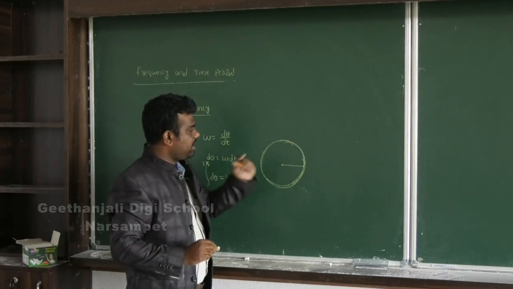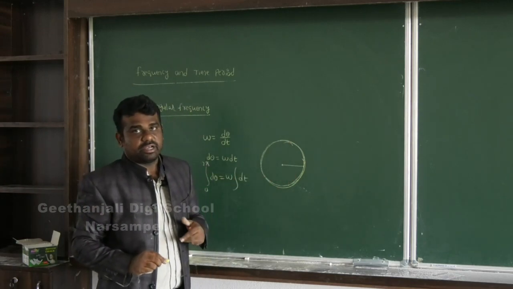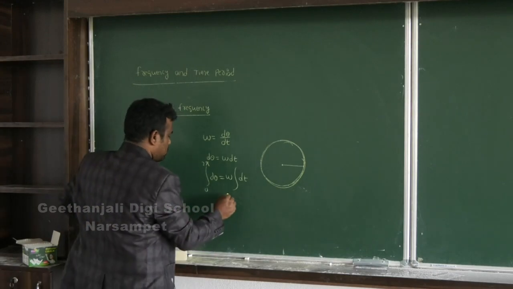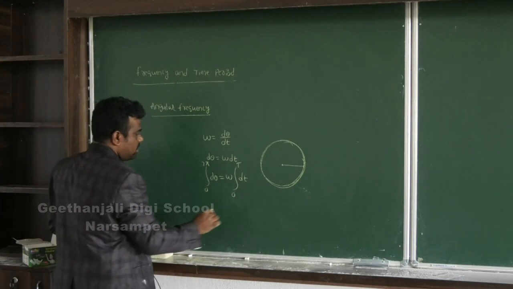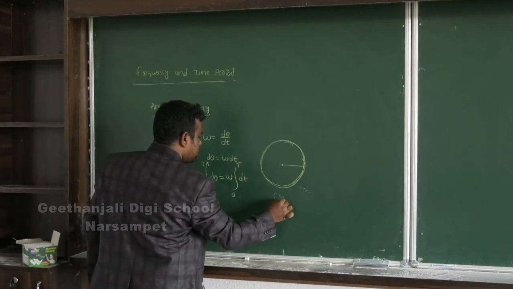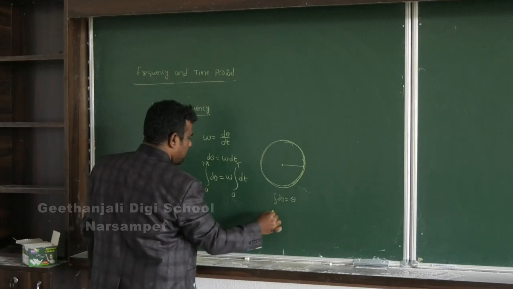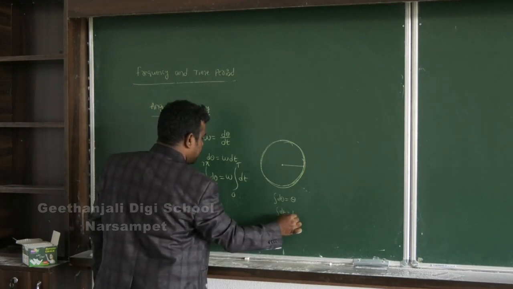The time taken to complete one revolution is called time period. So the time is taken from 0 to T. We know that integral d theta is equal to theta and integral dt is equal to t.